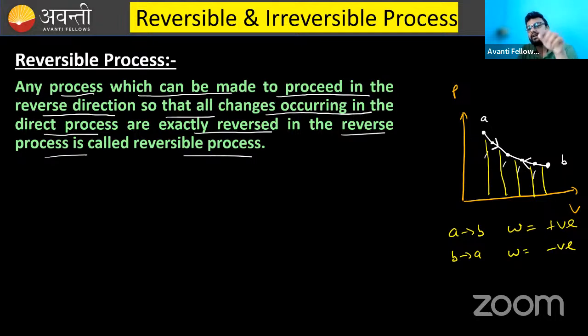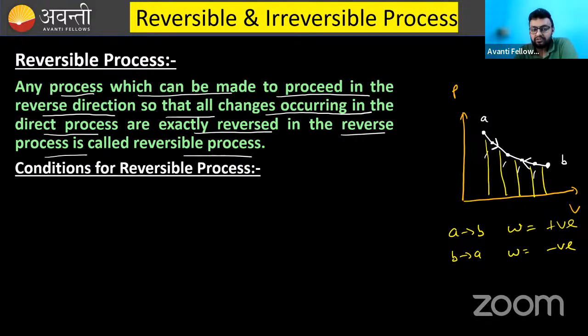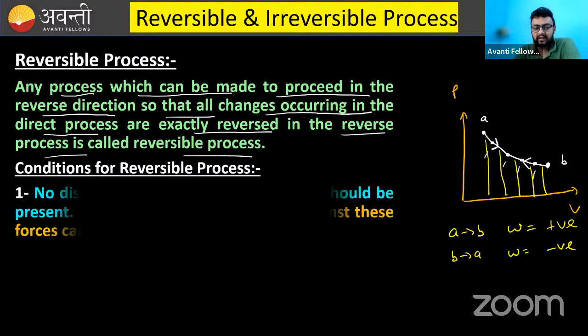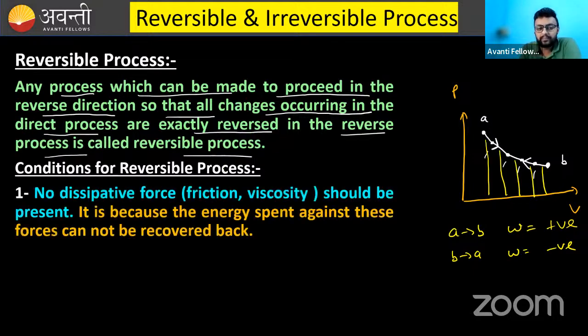Only in that case will work done remain the same in both the forward and reverse process. So, what are the conditions for a reversible process? No dissipative forces should be present, because in the presence of dissipative forces, if some energy is lost, then that energy cannot be recovered.